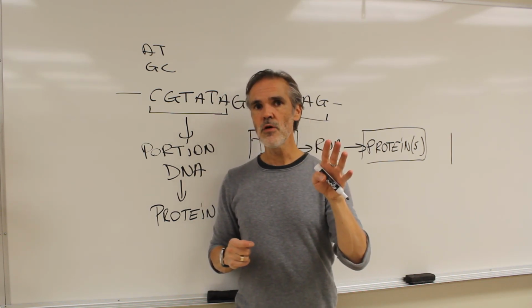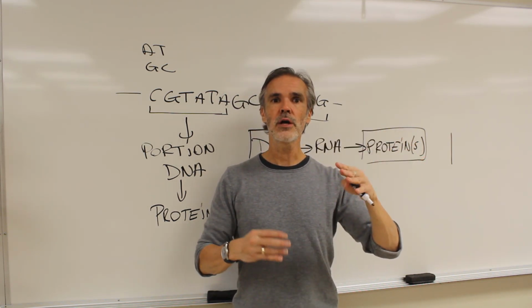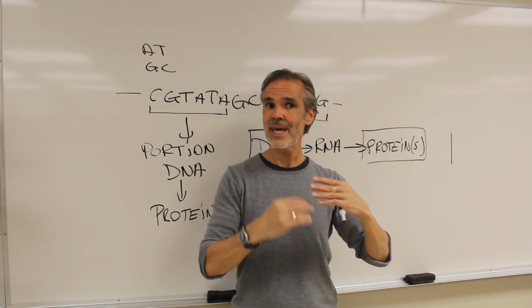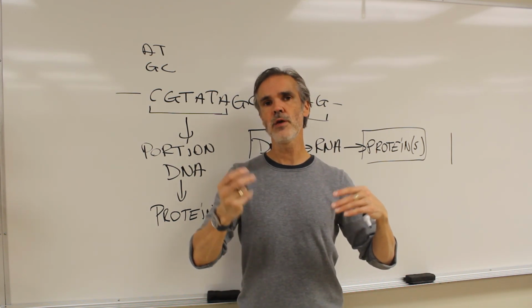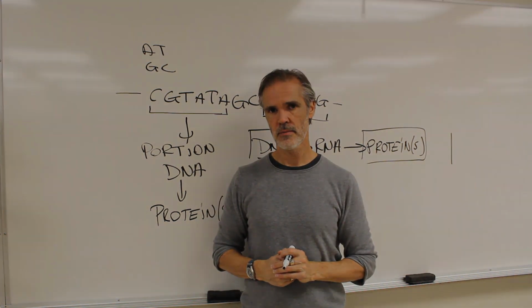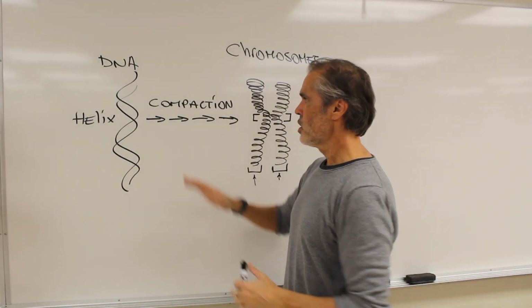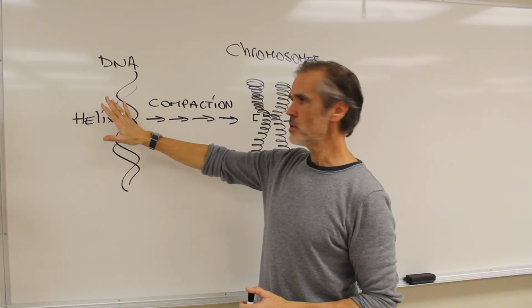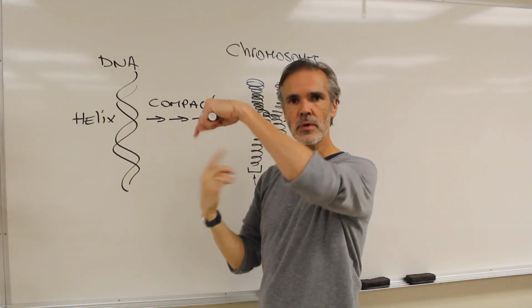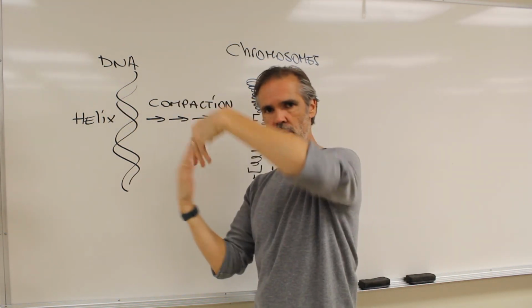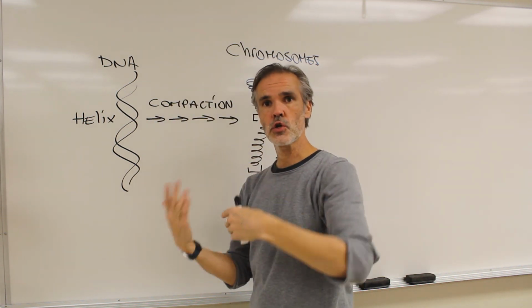Now, let's move a little bit ahead and look at a little bit more complicated things, because we want to dive into genetics. Okay, so let's move on. So we have our DNA molecule here. It forms this helix. It has a certain structure to it.